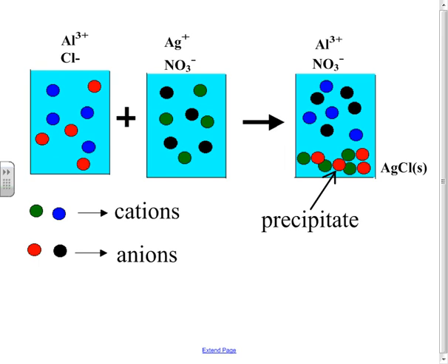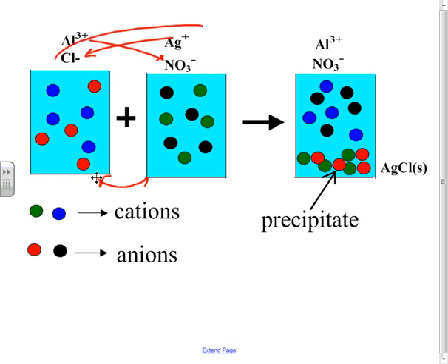Visually, it's going to look like this. If I have aluminum chloride, I really have a bunch of aluminum ions and chloride ions floating around in solution. The silver nitrate, I have a bunch of silver ions and nitrate ions floating in solution. But if I combine these two together, then the positive ion of this one may combine with the negative ion of this one, and the positive ion of this one may combine with the negative ion of this one.